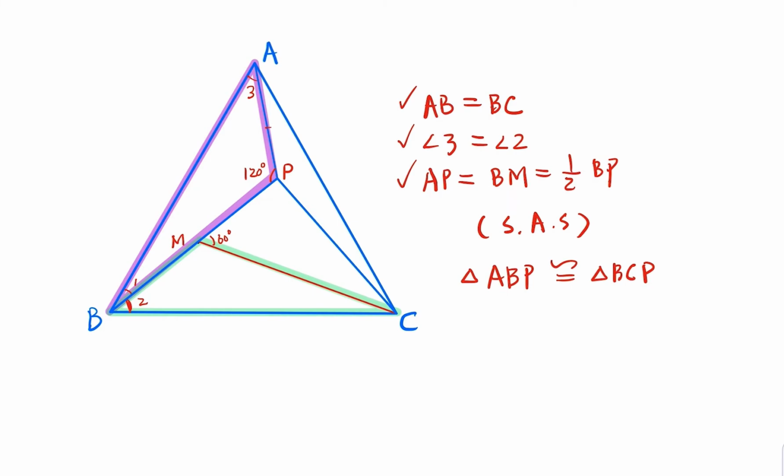Now the consequence of that is this angle here is going to be congruent to 120 degrees, sorry. And the segments, as we said, are equal to each other. And this MC would be twice of AP, because MC is congruent to BP, which is twice of AP.